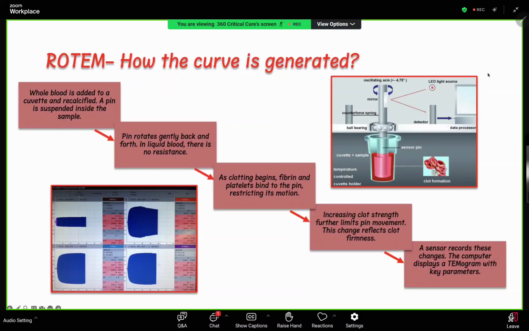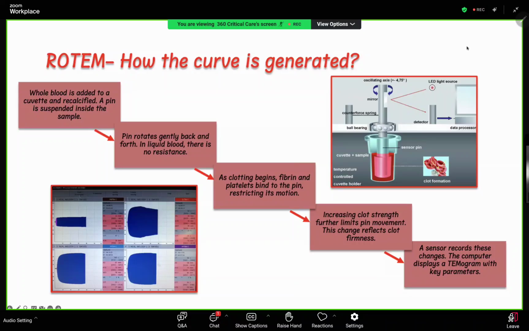Initially there is no resistance, but as the blood starts to clot, there is an increased resistance there in the cuvette, and that modifies the movement of the pin, giving you a particular shape of the curve, which we call as a thromboelastogram or the Rotem curve.